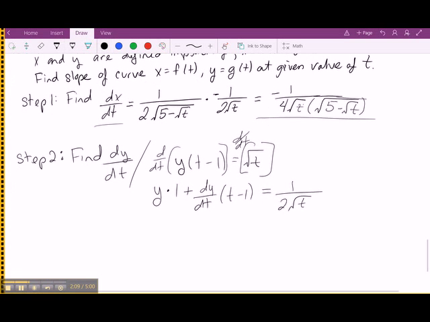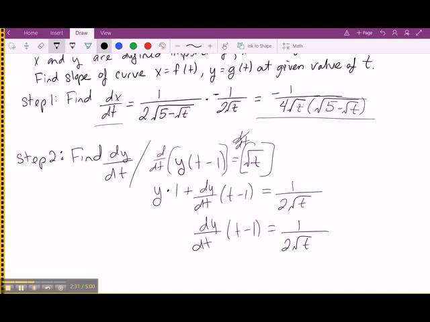So now we need to take this equation and solve it for dy dt. So we get dy dt times t minus 1 equals, we need to subtract y from both sides first. So we have 1 over 2 square roots of t minus y.